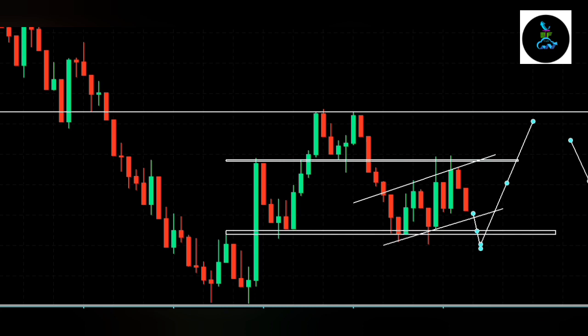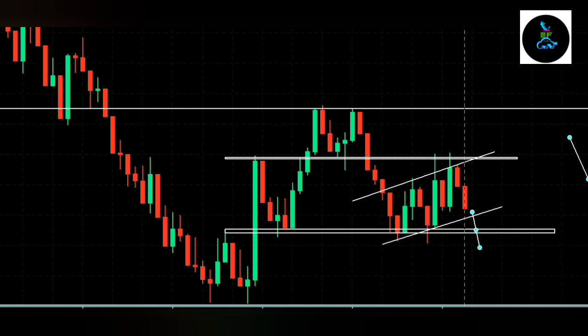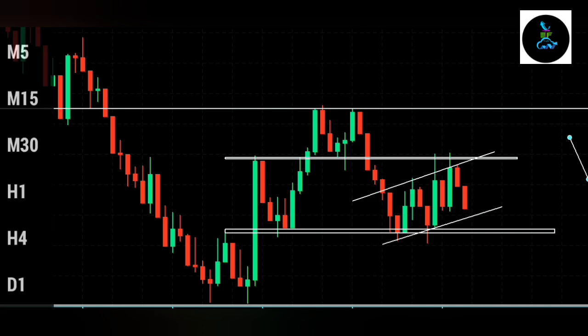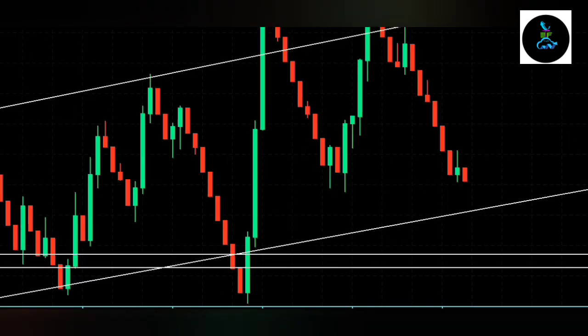That's why we always suggest you use your stop loss. Since you are not a market maker, stop loss is always very important in trading, because it always limits our losses. So guys, now we are done with M30.